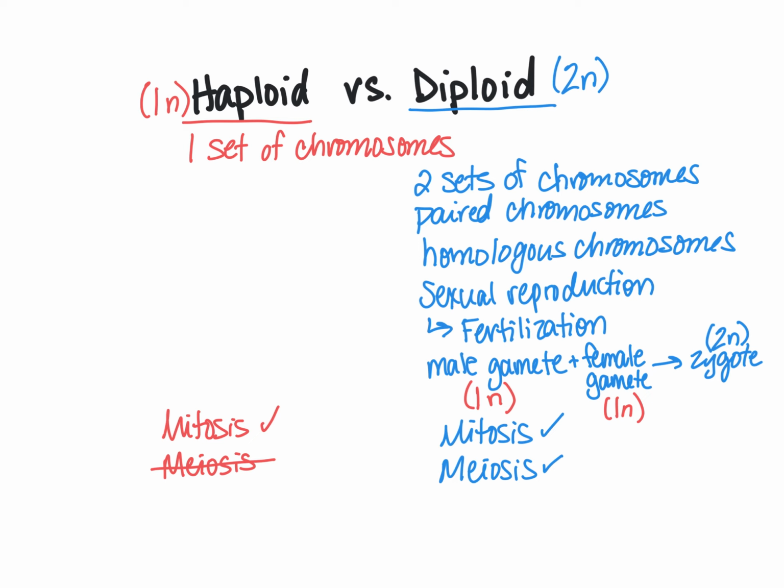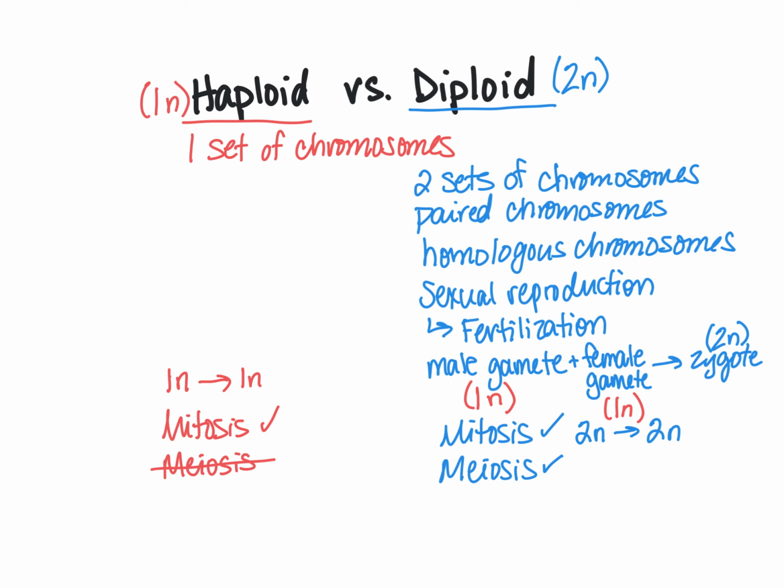Another thing to keep in mind is that during mitosis, the ploidy of the cells produced is going to be the same as the original cell. So for example, if a haploid organism goes through mitosis, so they start out as 1N, the daughter cells are also going to be haploid or 1N. If a diploid cell goes through mitosis, it starts out as 2N and it ends up as 2N.